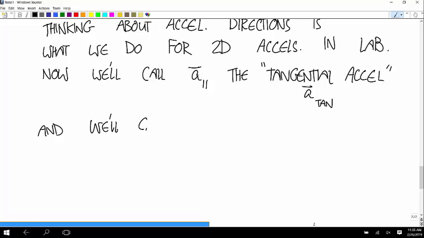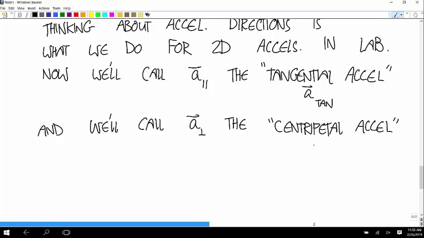And we'll call the perpendicular part of the acceleration the centripetal acceleration, and I'll write that as A cen.